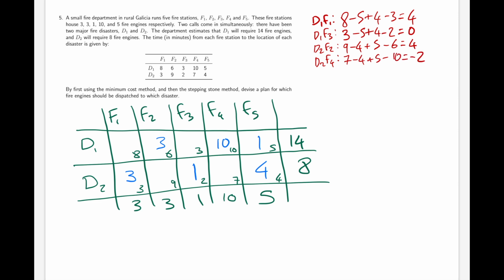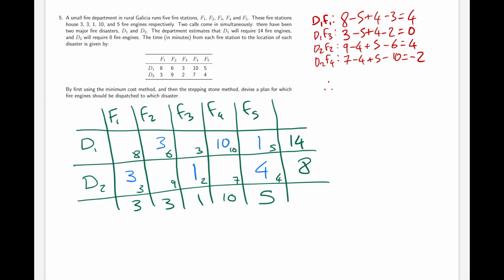Of each of the non-basic variables, 2 of those, D1, F1 and D2, F2, would result in a more expensive allocation. D1, F3, if we were to make that basic, would not change the cost of the allocation. But if we changed D2, F4 to be basic, then that would reduce our cost by 2 per unit or per fire engine we moved.